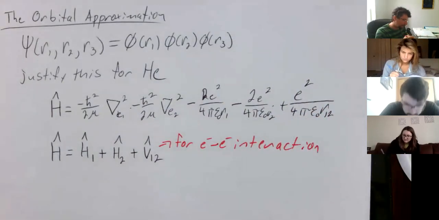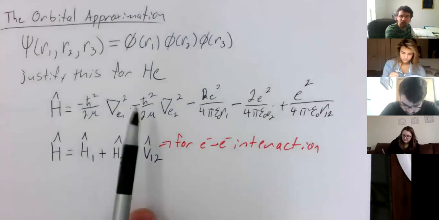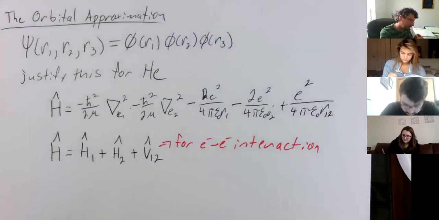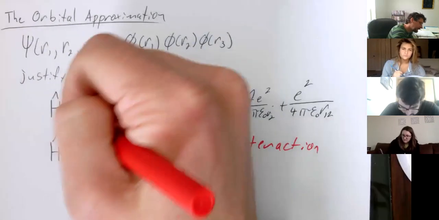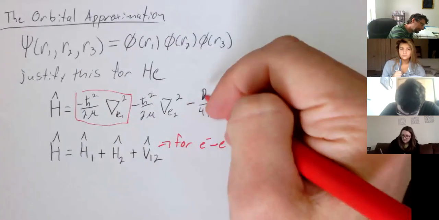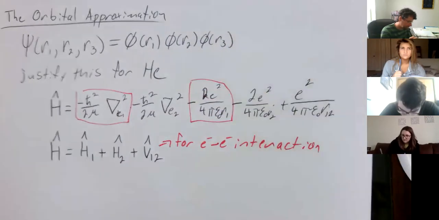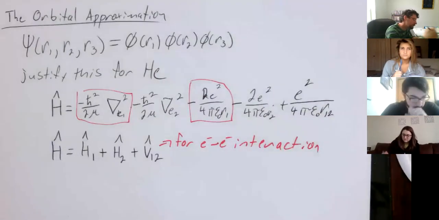If we write this whole thing out, it's going to look almost like this, but we're going to lump the electron number 1 terms together and the electron 2 terms together.